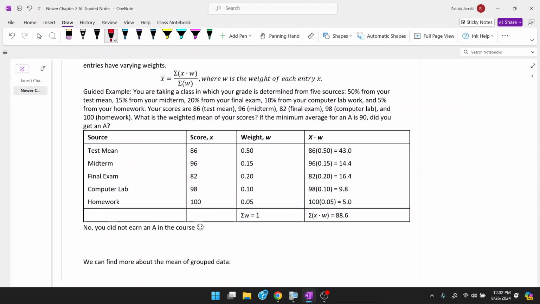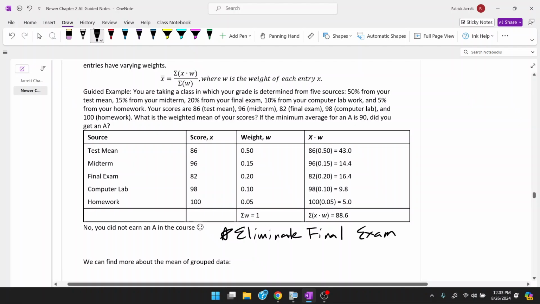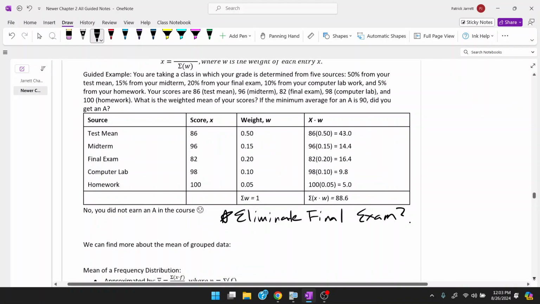Now, I'm going to throw in a bit of a little curveball here. Let's say we eliminate the final exam. Now, if we eliminated the final exam, which let me be realistic, we're never eliminating the final exam. The final exam is going to happen. But here's the thing.